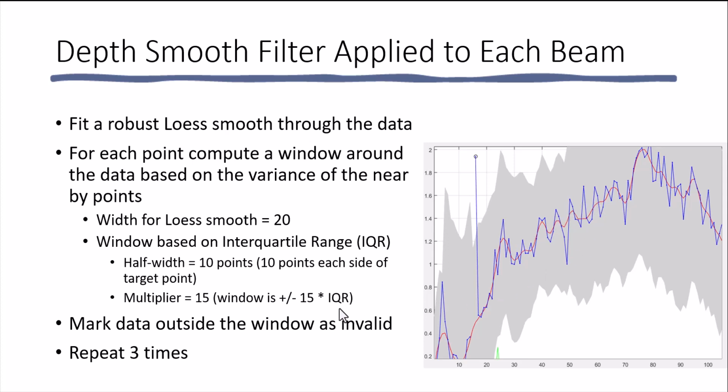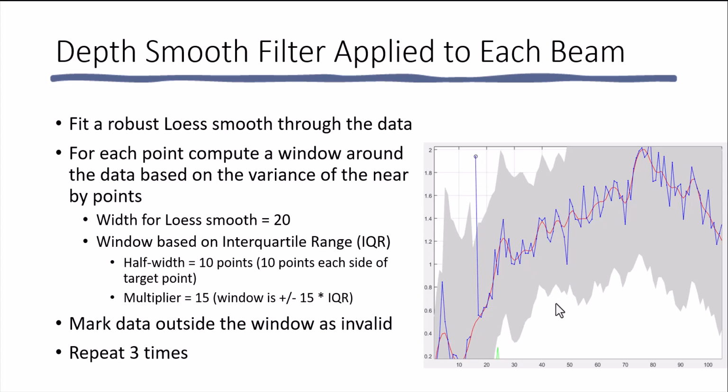We would compute the interquartile range. We would multiply it by plus or minus 1.5, and that would define this dynamic window that is shown in gray. Any data that lies outside that gray window, such as this point, is marked invalid. Once the invalid data are marked, this process is repeated 3 times.